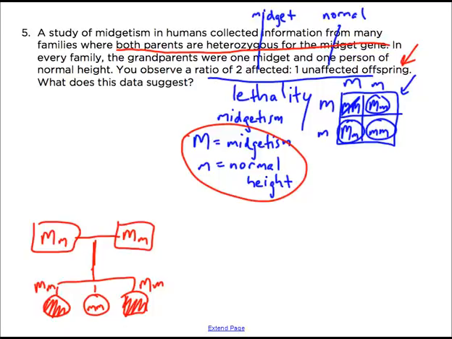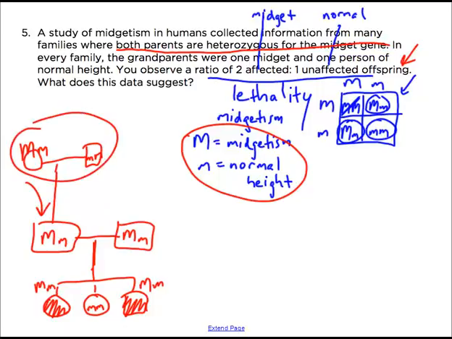Now the grandparents, they're saying in both of these cases, since both the cases are the same, we only really have to look at one of them, the grandparents were 1 midget and 1 normal height person. So we just have to ask ourselves, under our model, if it would be reasonable to get this individual from this type of pairing.